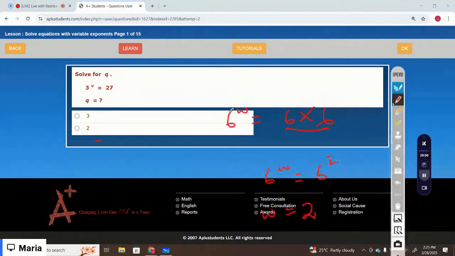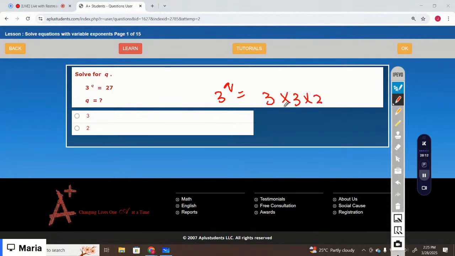So let's write down 27 as 3 times 3 times 3. 3 times 3 is 9, and 9 times 3 is 27.